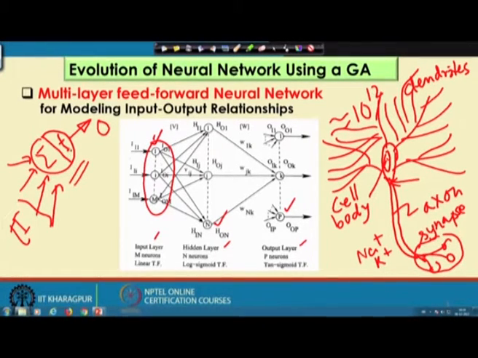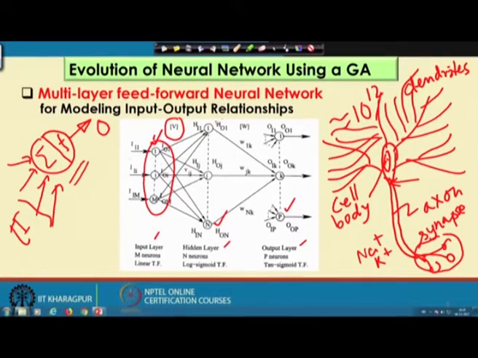Now, let us see the different types of transfer function which we generally use in this type of network. Before I go to the transfer function, let me tell that we use some connecting weights between the input layer and the hidden layer, and those connecting weights are denoted by the V matrix.